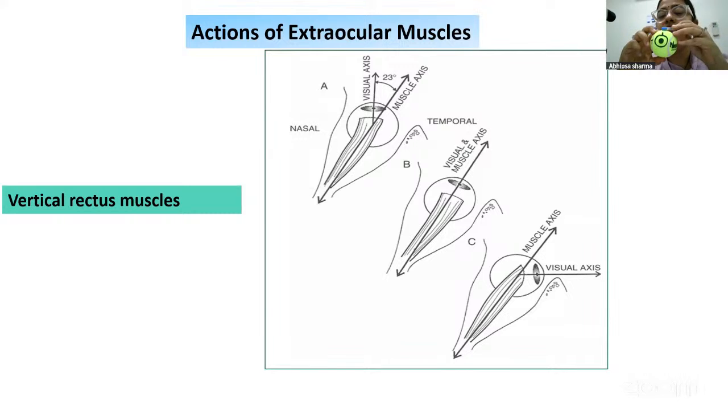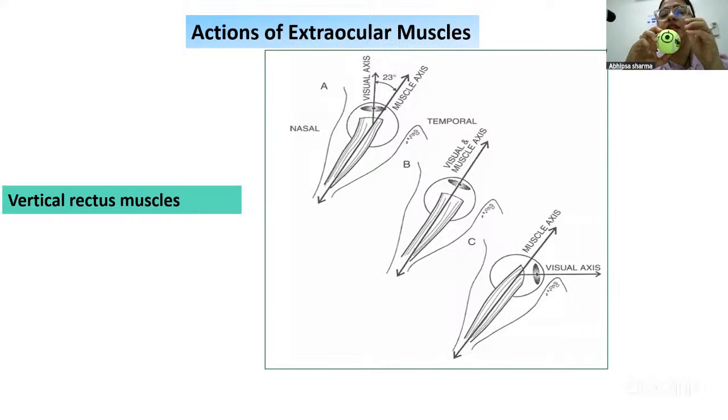So whenever it contracts, again, it will contract towards its origin. So it will cause elevation. And as you can see, this superior limbus part of the eye is moving nasalwards when it is contracting. So its action is also incycloduction and adduction.